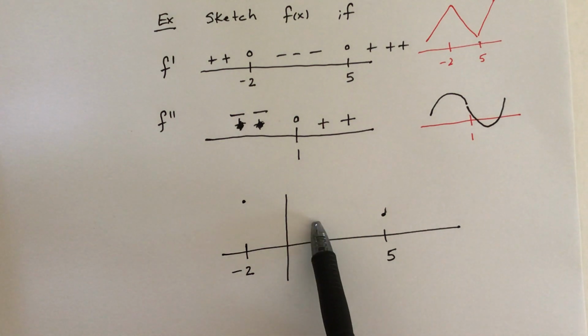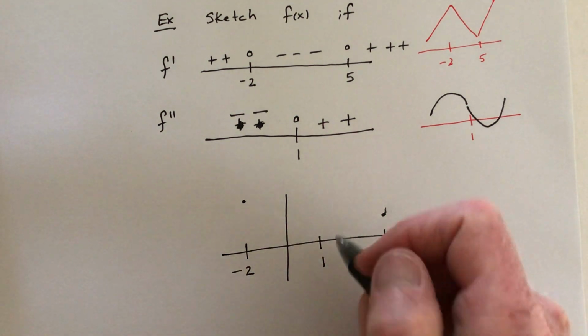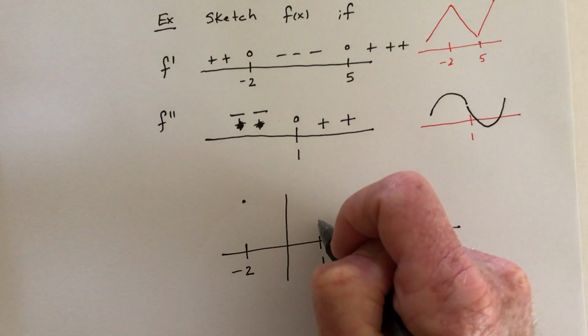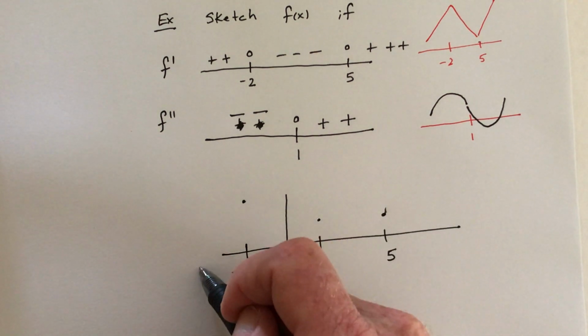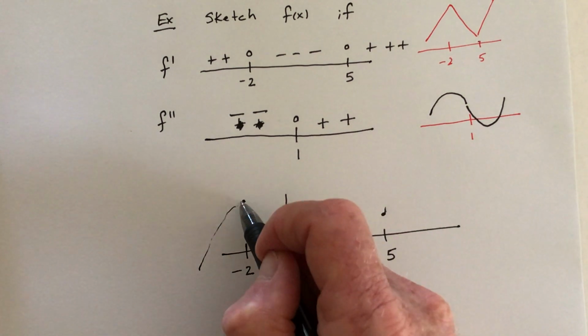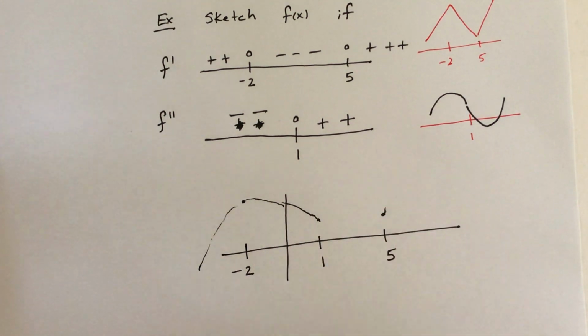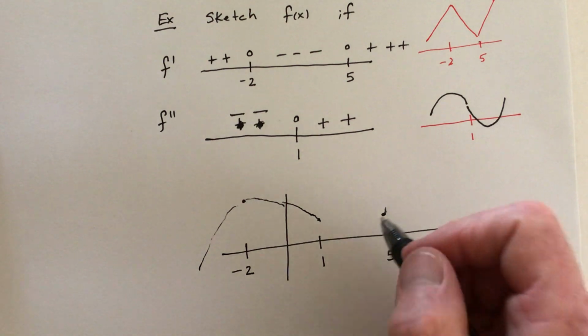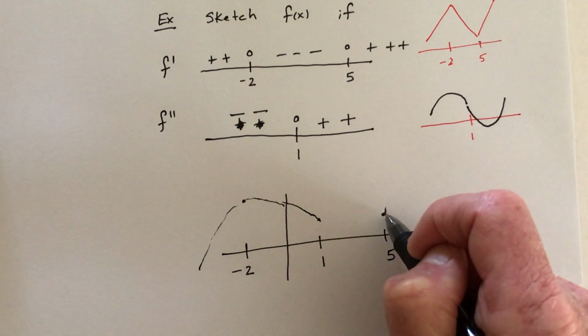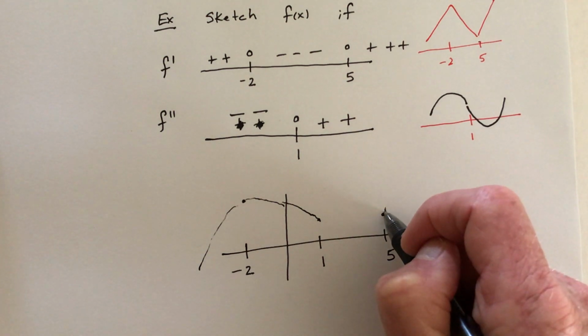And then right here is where the concavity has to change. So basically like this. Is concave down. This point, I should have actually put this lower. Nobody said I had to put it right there.